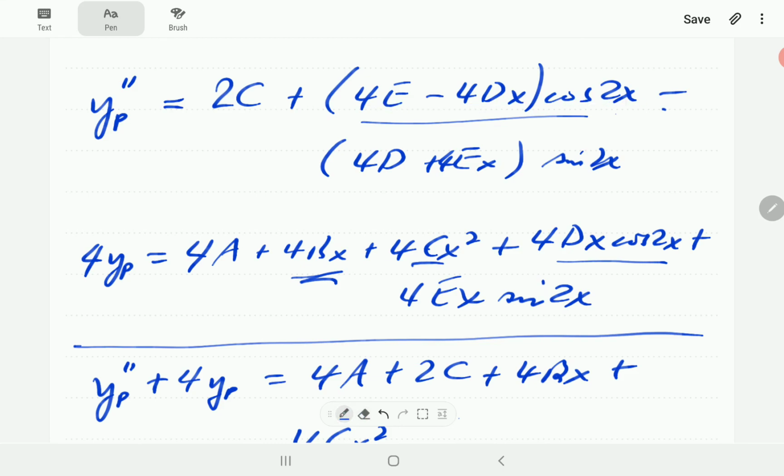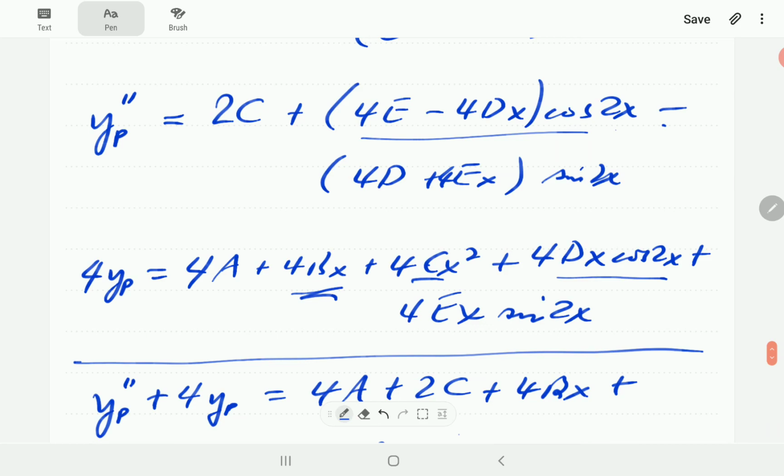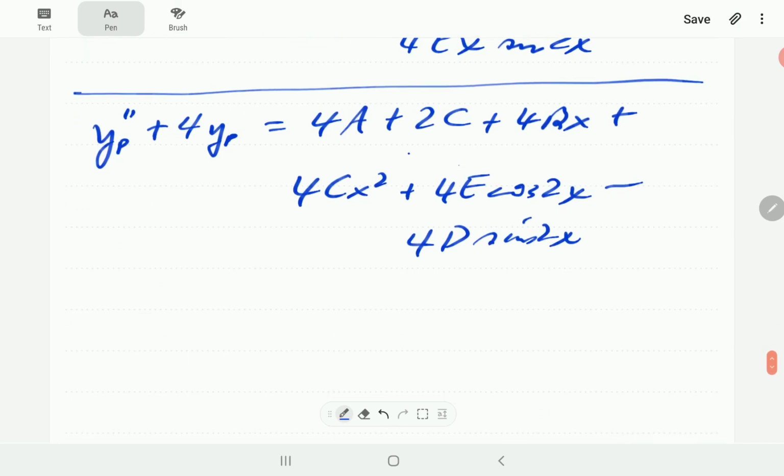So we're just going to have 4e cosine 2x. And then the sine terms, we have got 4ex here, negative 4ex here, so we're just going to have negative 4d sine 2x. And then of course on the right hand side we have got 8x squared plus 8 cosine 2x.